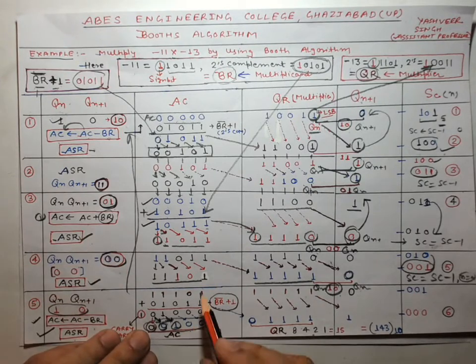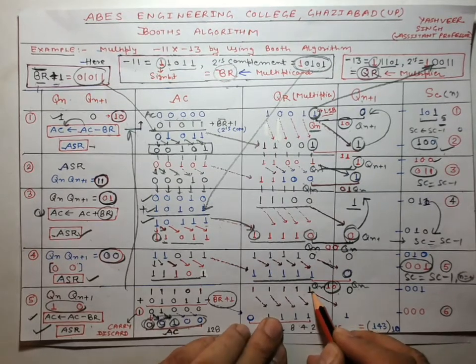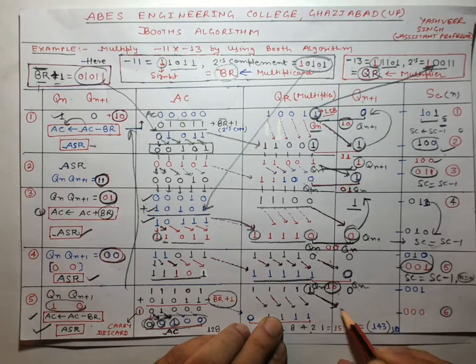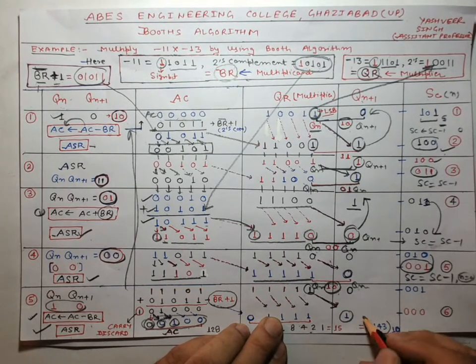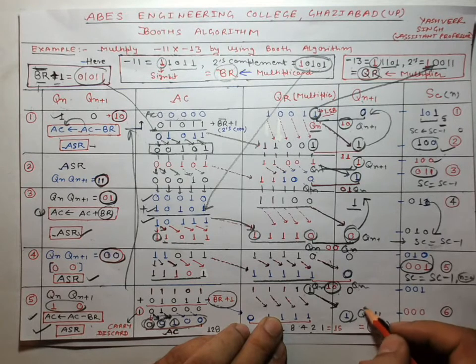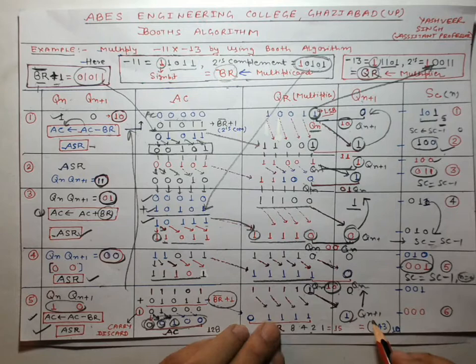Similarly, like the previous step, we shift every bit 1 bit right, okay. Then this bit is shifted to this place. Now the new Qn plus 1 is 1. Before this step it was 0, okay.